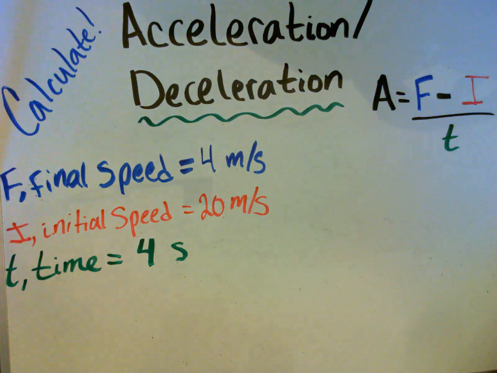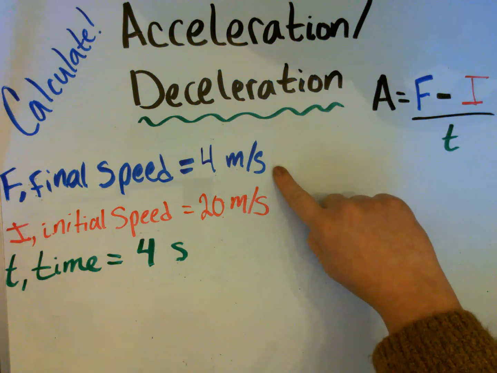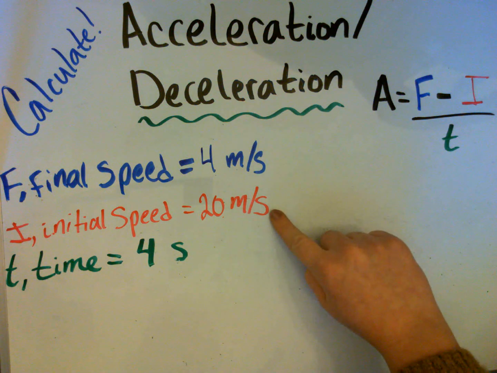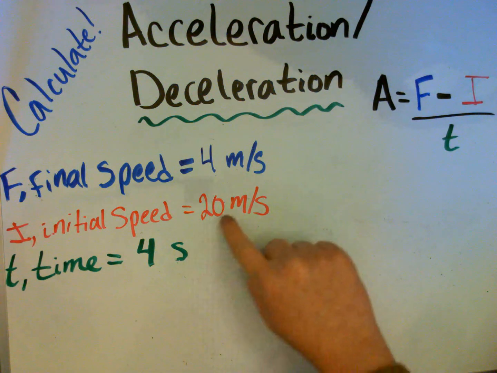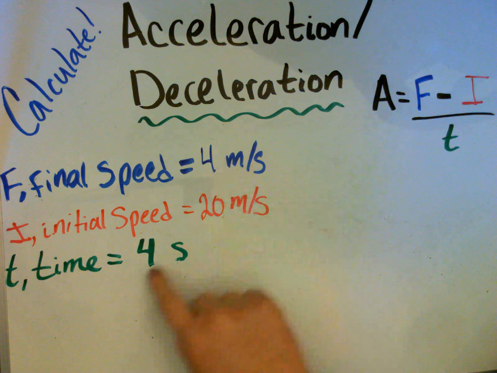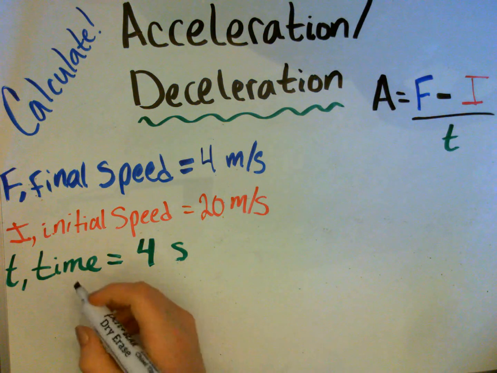For our next example, we can see that our final speed is 4 meters per second. Our initial speed is 20 meters per second, and our time of our slowdown from 20 to 4 is 4 seconds. So let's set up this problem together.